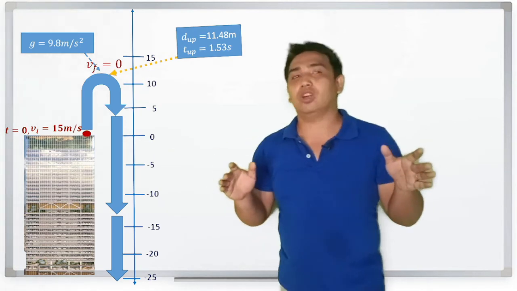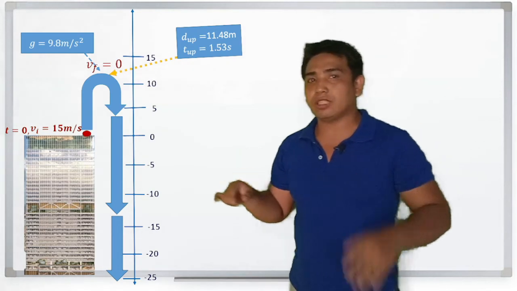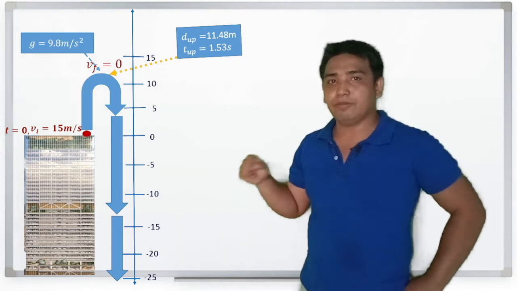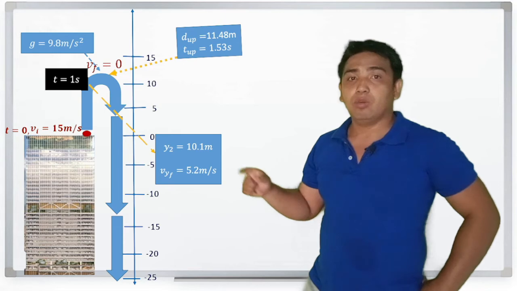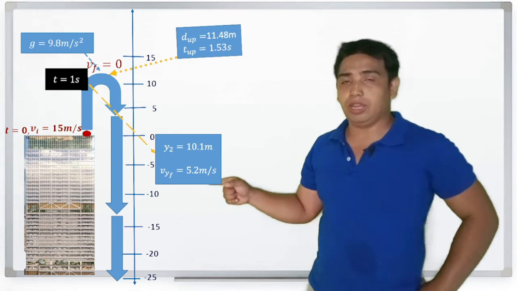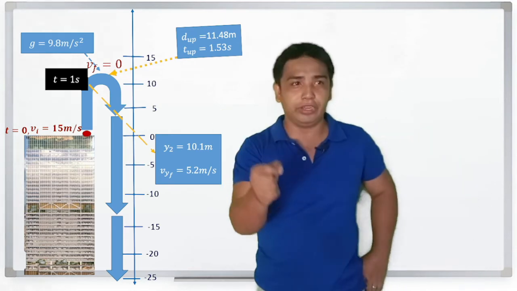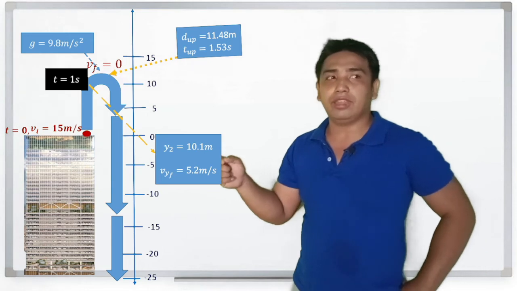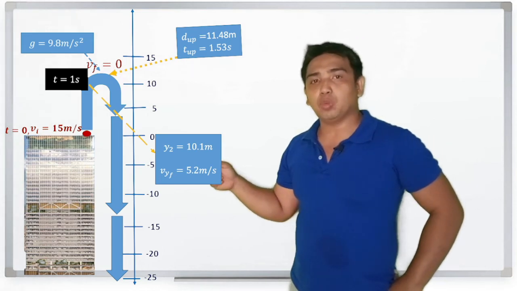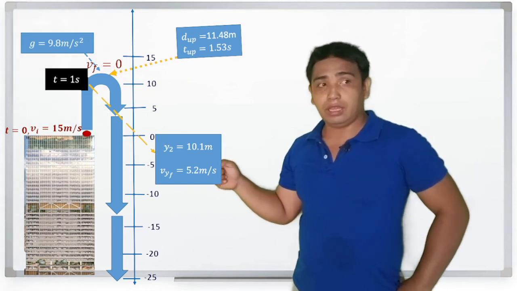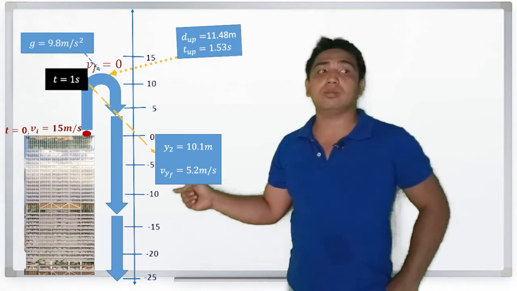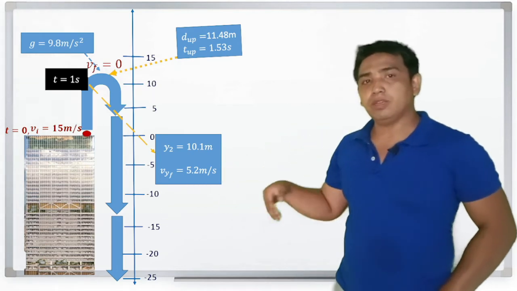You're also asked to find the velocity and position of the ball after 1 second, and you were able to find that the ball is 10.1 meters above the railing, and its velocity is 5.2 meters per second. And then you missed catching the ball.